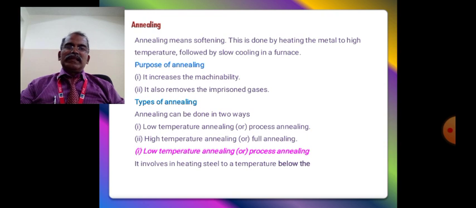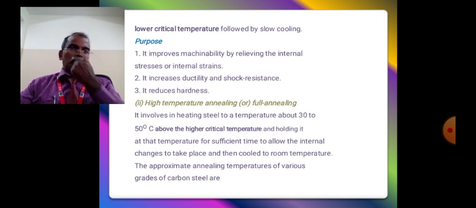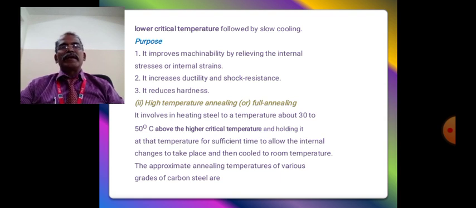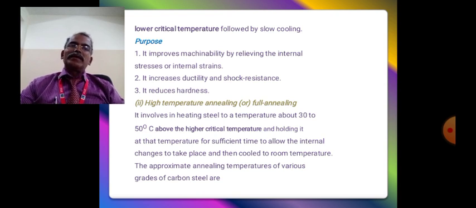Process annealing is the process in which the steel is heated below the lower critical temperature of the steel and followed by slow cooling. Note this point: below lower critical temperature followed by slow cooling.